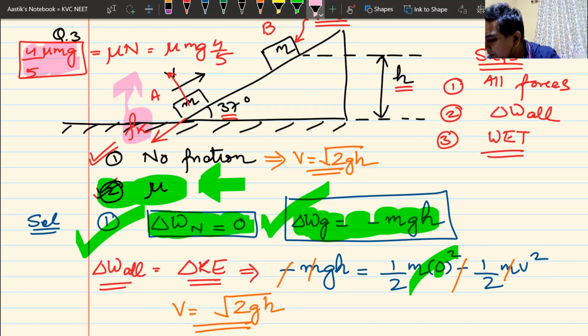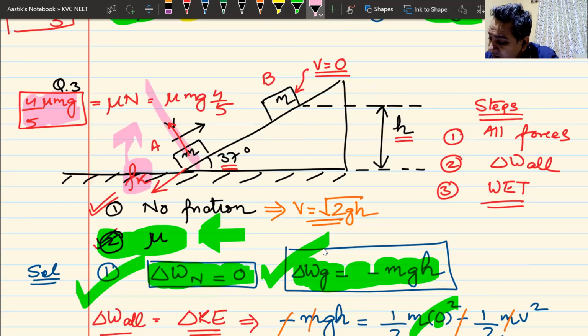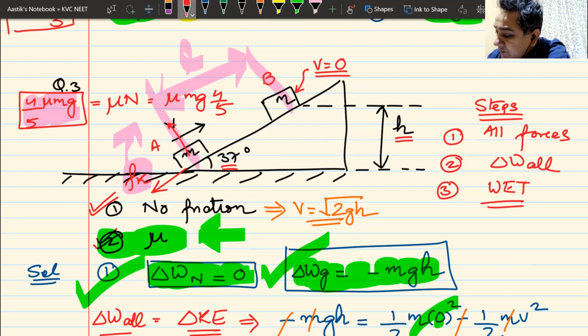Then the last thing that remains is finding out the work done by this. To find out the work done by frictional force, I will have to look for the path. To look for the path, I will have to find out the length of this one. How much is this? L. And how would I get the value of this L? We have done it so many times.